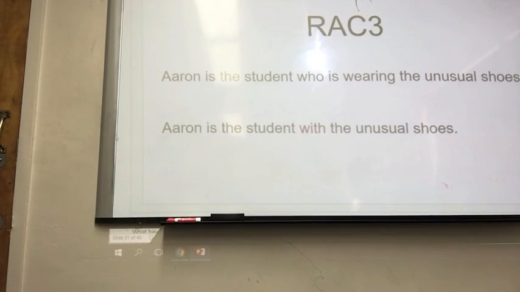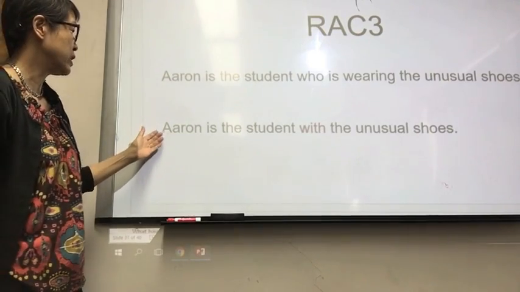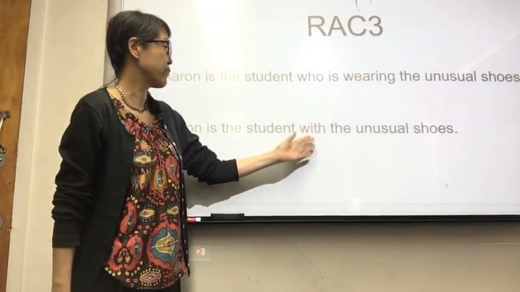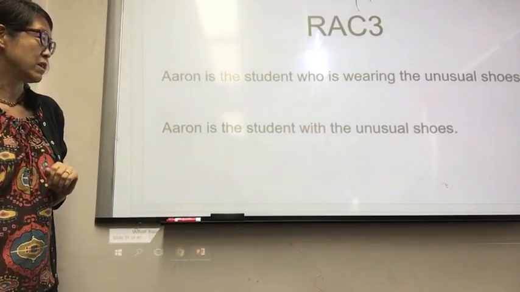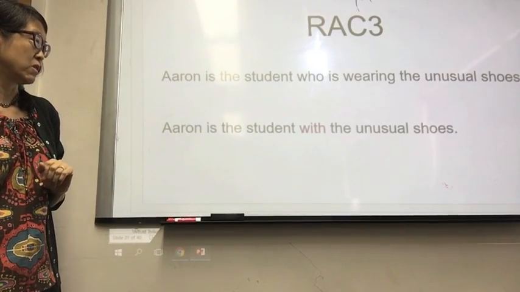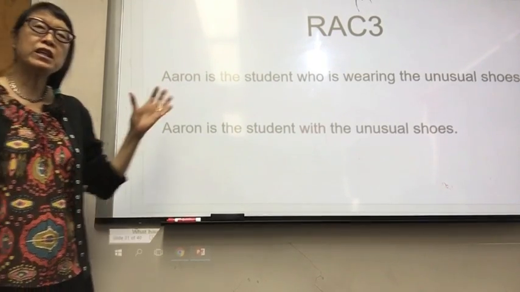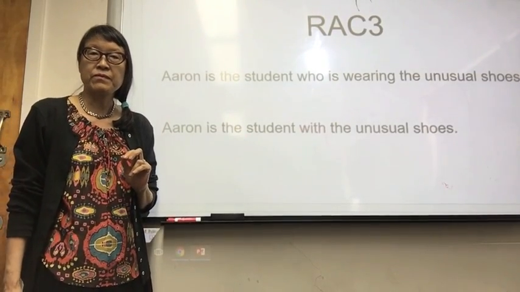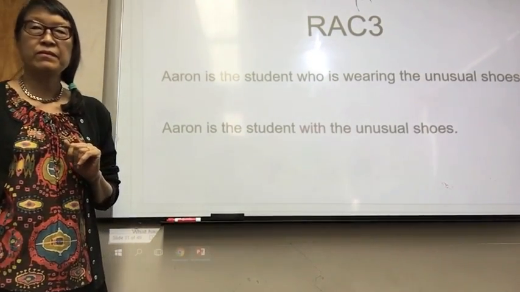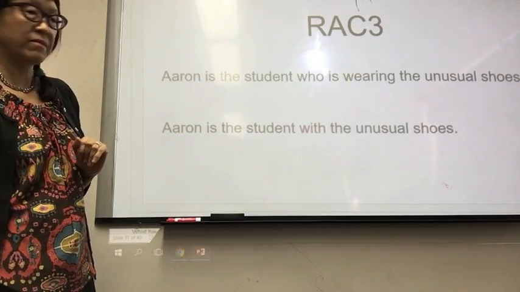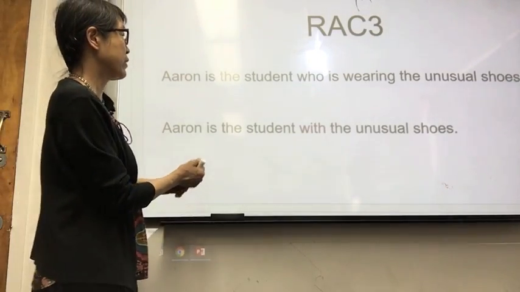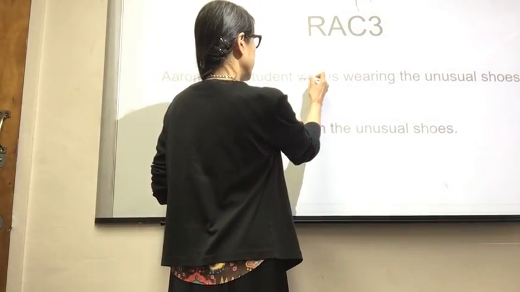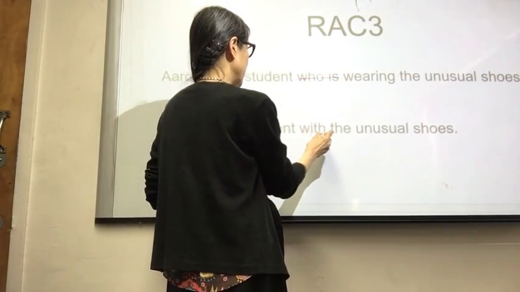Okay, so I've changed this to, Lily, can you read this? Aaron is the student with the unusual shoes. What have I done to condense that sentence? Remove the who is and replace with with. Okay, so I took out the who is and I replaced it with with.